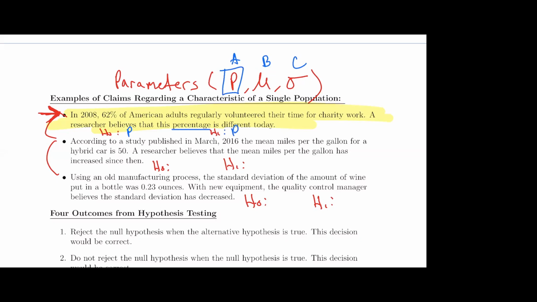All right. So what was the last known percentage of American adults who regularly volunteer for charity work? Yeah, 62. So we're gonna say P is equal to 0.62.